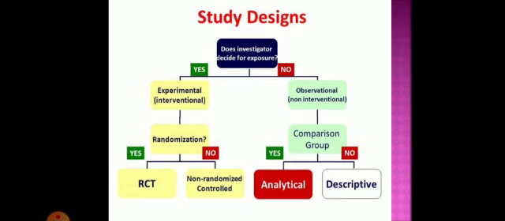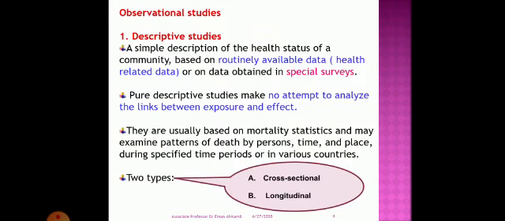And you ask yourself, are you going to take a comparison group or not? If not, we take the descriptive study, which is the cross-sectional and the longitudinal. And if we want a comparative group, we use the analytical study, which involves the case control and the cohort study.